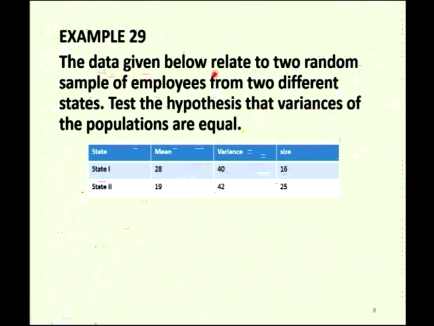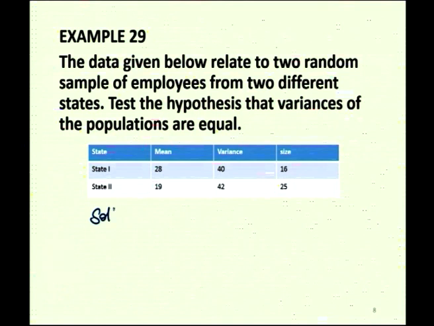The data given below relate to 2 random samples of employees from 2 different states. Test the hypothesis that variances of the populations are equal. The data given is with respect to 2 states, state 1 and state 2. The mean is 28 and 19 for state 1 and state 2 respectively, whereas the variance is 40 and 42 respectively. Sizes are 16 and 25.